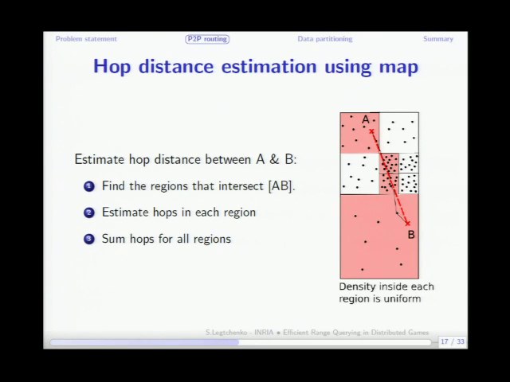A peer has its map and wants to estimate the hop distance between A and B. It first finds the regions of the map that intersect the segment AB. Then it estimates the hops in each region. Since the density distribution in each region is uniform, estimating hops inside one region is straightforward. Then it sums the results for all the regions to obtain a global estimation of the hop distance.